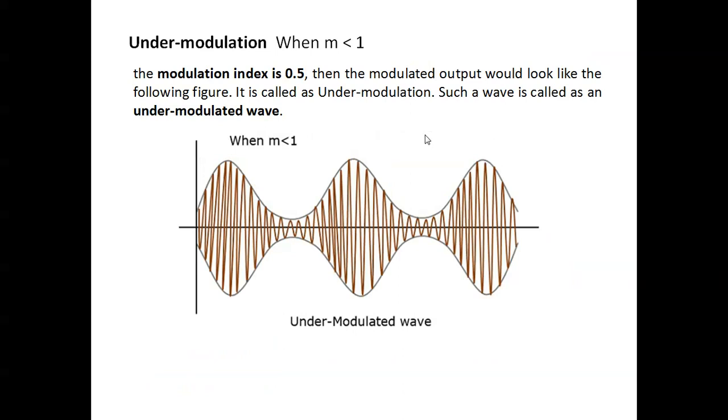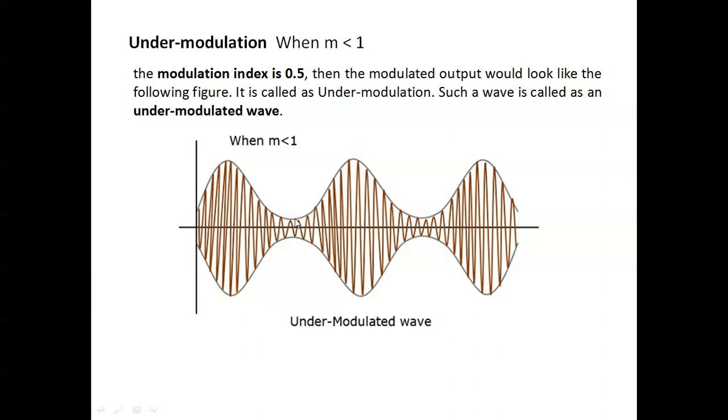Similarly, here you see under modulation. Under modulation is when m is less than 1, that is, the modulation index is less than 1. Less than 1 means 0.5, 0.6, 0.7, whatever it may be, its value is below 1. If the modulation is 100%, the waveform is perfect and there is no gap between these places.